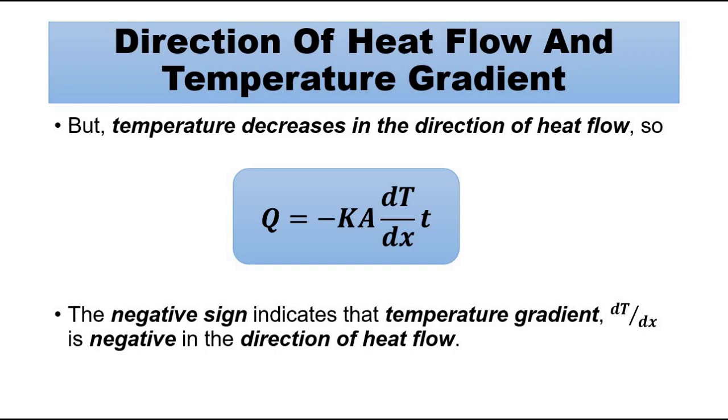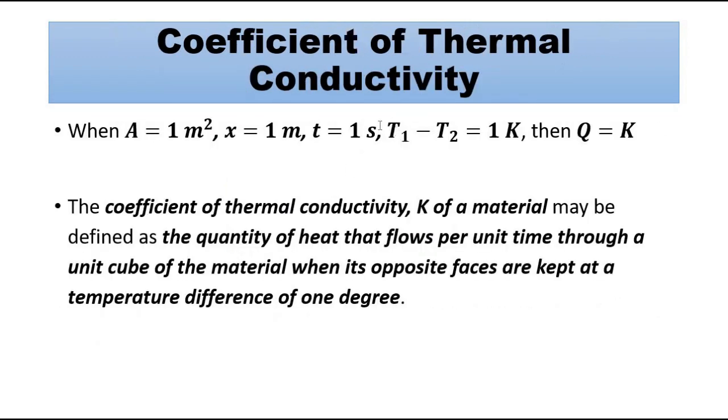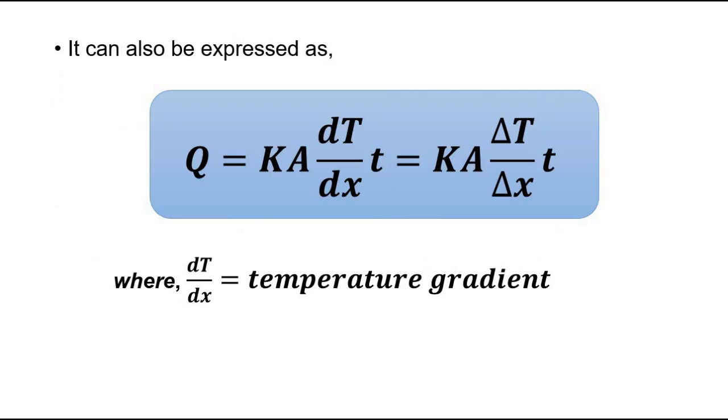Now let us look at the coefficient of thermal conductivity, this proportionality constant K. Suppose we consider a block where the cross-sectional area is 1 meter square, the temperature difference is 1 Kelvin, the separation distance is 1 meter, and the heat flow takes place for 1 second.